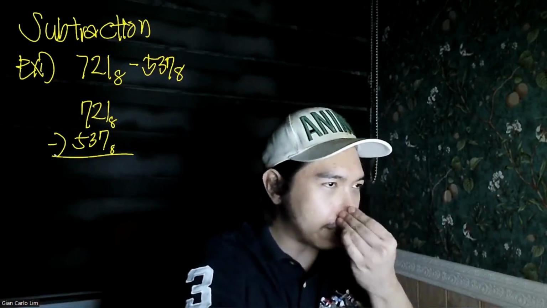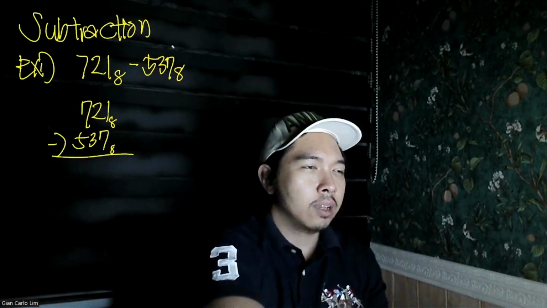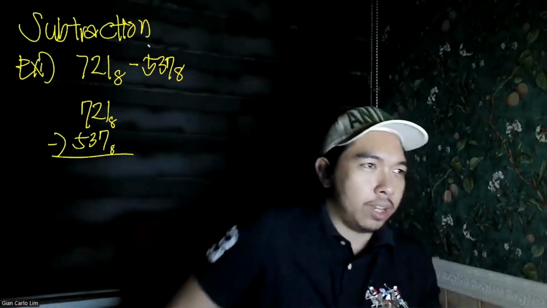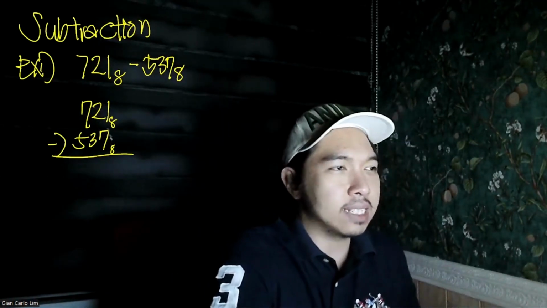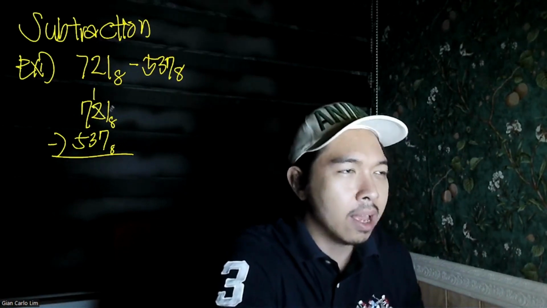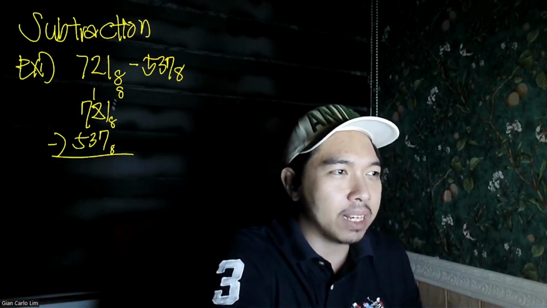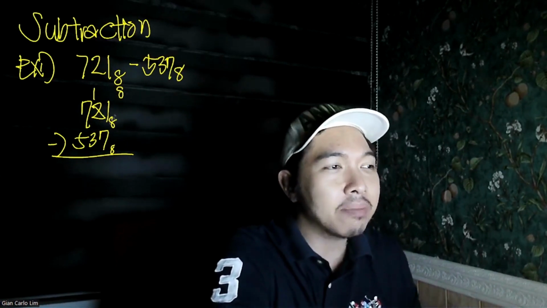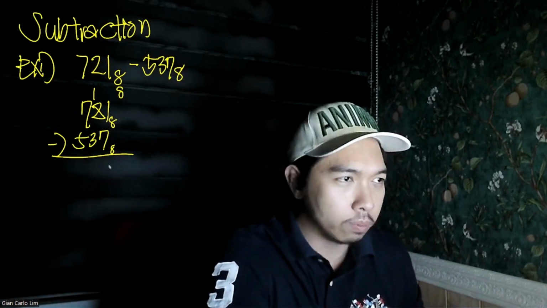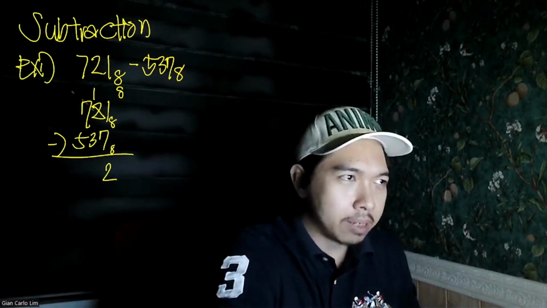So kung isasubtract natin yung dalawa, tingnan mo natin kung mas malaki yung minuend sa may subtrahend. Okay. So 1 is less than 7, so borrow 1. So 2 borrow 1, so this becomes 1. And then instead na 10, ang i-add ay 8. 8 plus 1 is 9. 9 minus 7 is equal to 2. 1 and 3 cannot be.